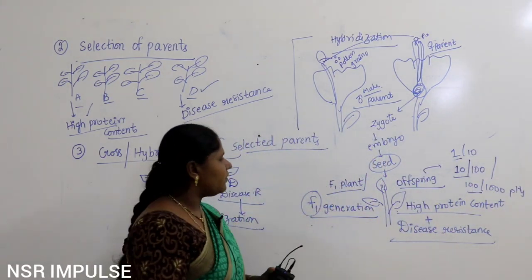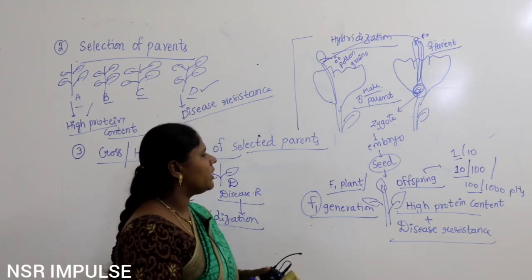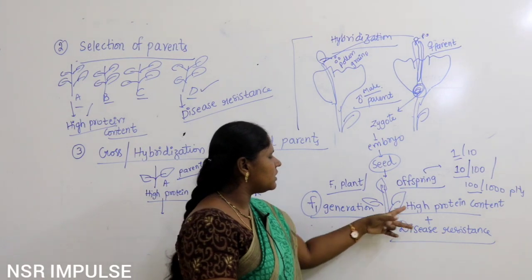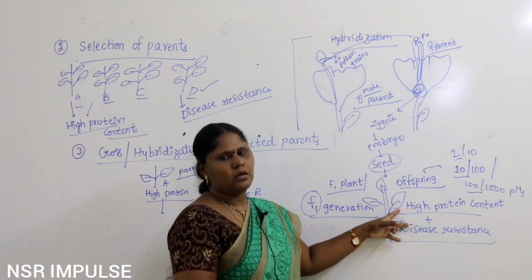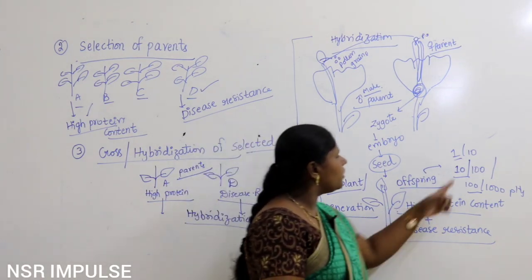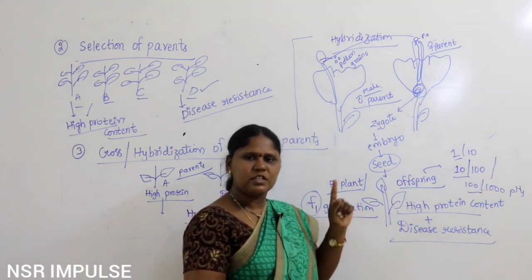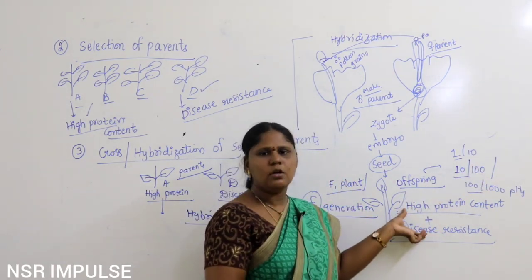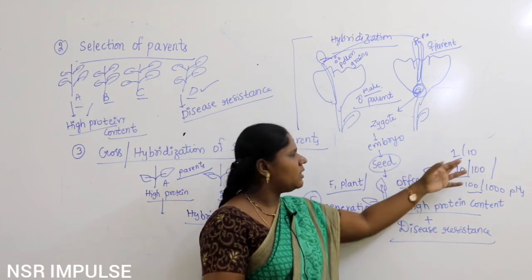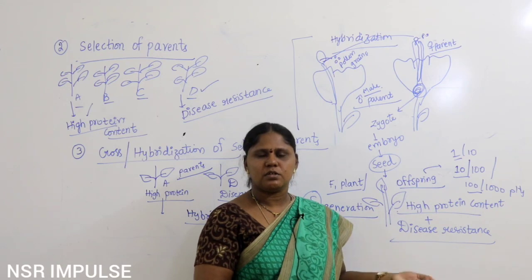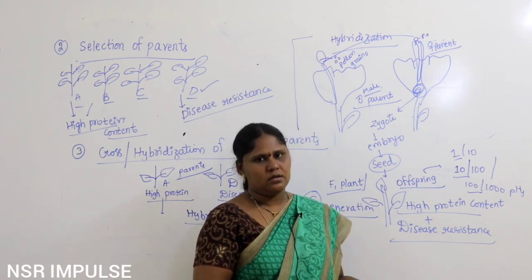If you produce 10 plants in the F1 generation, hardly one plant has a chance to show the desirable combination. Why will the remaining 9 not show desirable characters? They show combinations of some other characters.